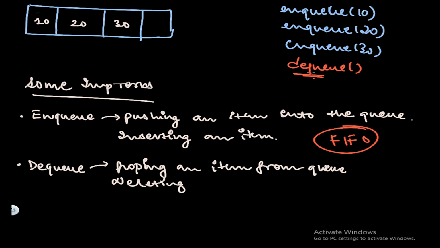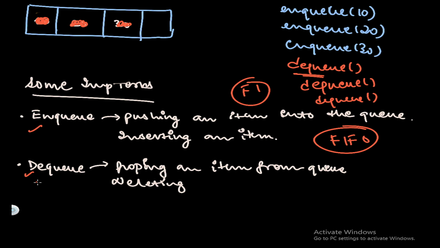So when we delete an item from the queue, the firstly inputted item, which is 10, will be popped out. Now when I call DQ again, 20 will be removed. Then I call DQ again, 30 will be removed. So this is the order of NQ and DQ.